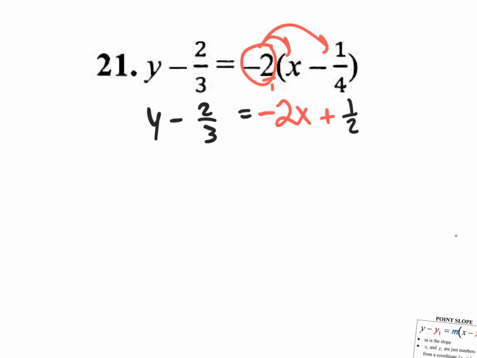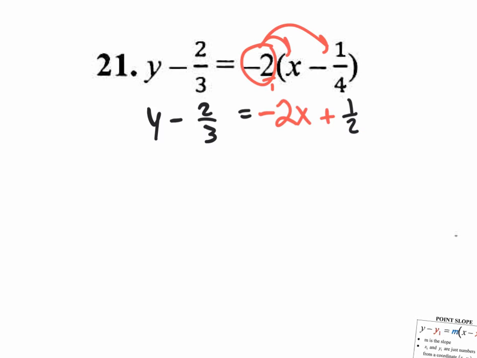So we have an equation that technically has fractions in it. If you don't want the fractions, you could get rid of the fractions by multiplying everything by the LCD, or by each denominator of the fraction that you want to get rid of, right? So if I wanted to specifically get rid of the 2/3, I could multiply everything by 3. If I wanted to specifically get rid of the 1/2, I could multiply everything by 2.